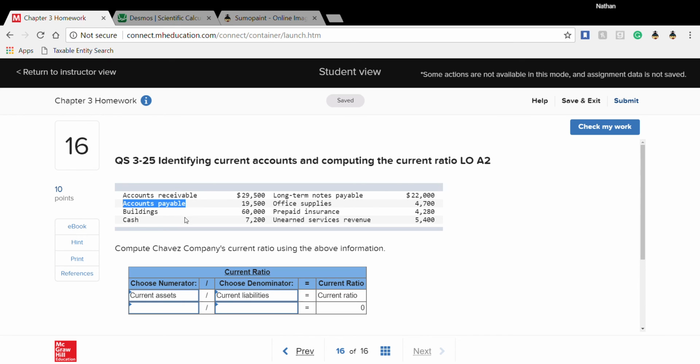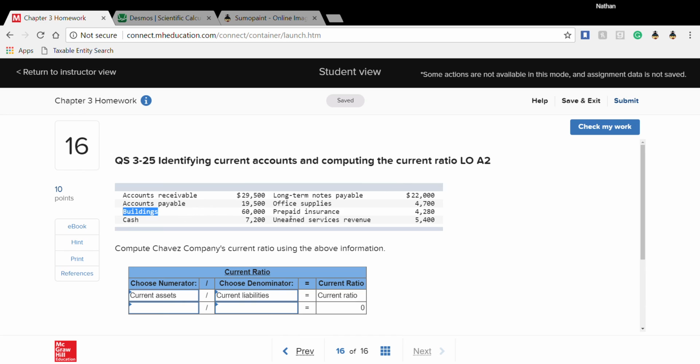Accounts payable. We expect to pay whoever we need to pay within a year, so that's a current. Notice this is current asset. This is a current liability. Buildings definitely last longer than a year, so that's a long term, not going to be used. So X off.